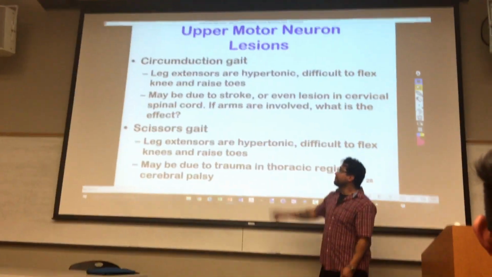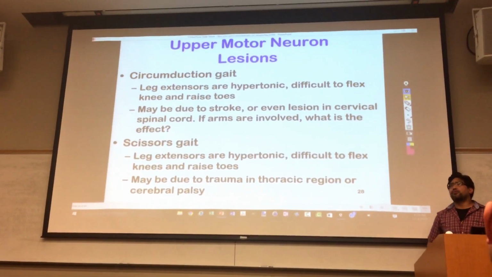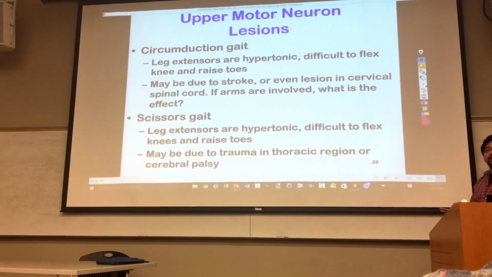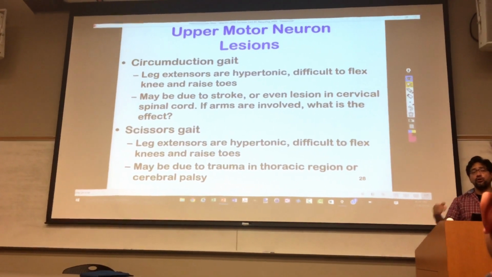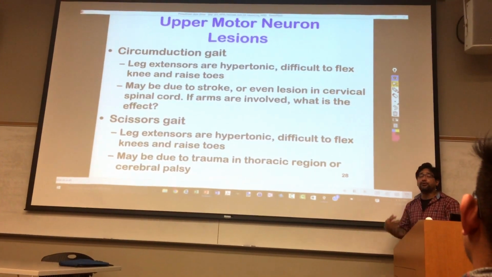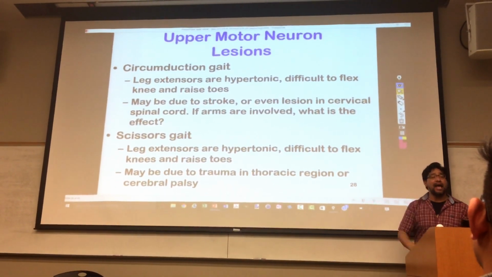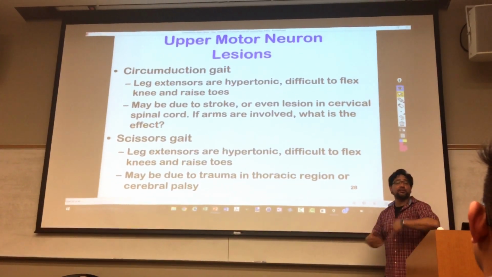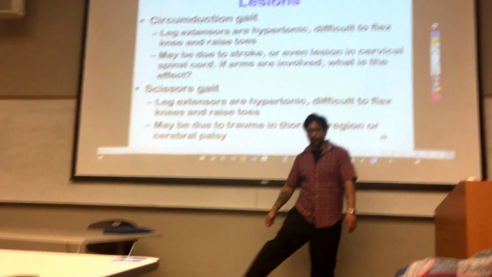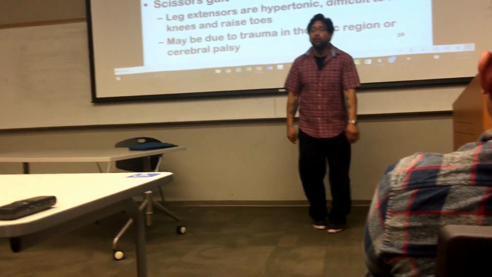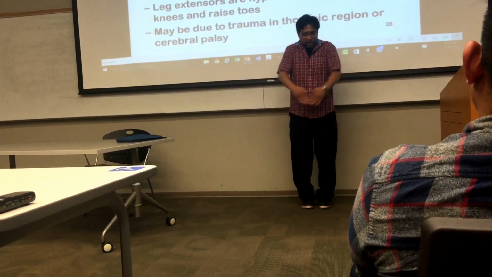Now, the reasons can be super varied, but what's most important is that you know it's something in the central nervous system. Either it's your brain or it's your spinal cord. So if it's bilateral, if it's affecting both sides, then instead of being able to do circumduction, I can go like this. But remember, your knees are going to point in a little bit, so you end up crossing your feet.